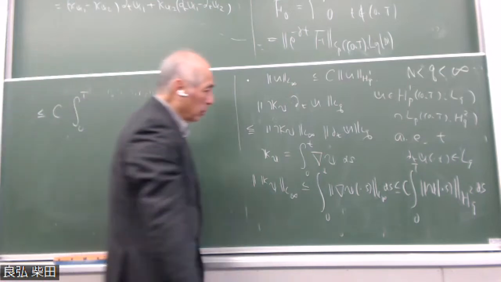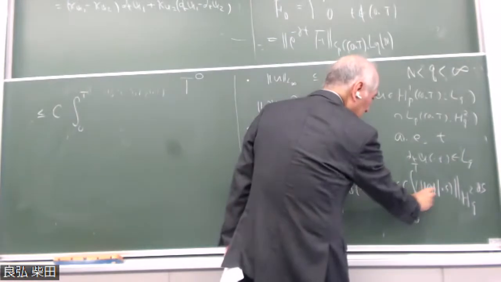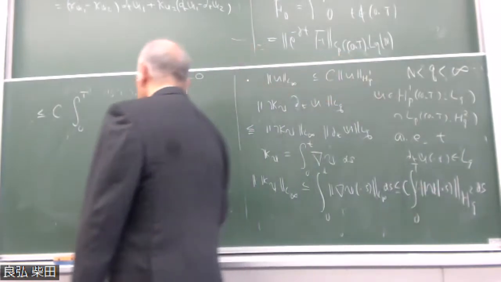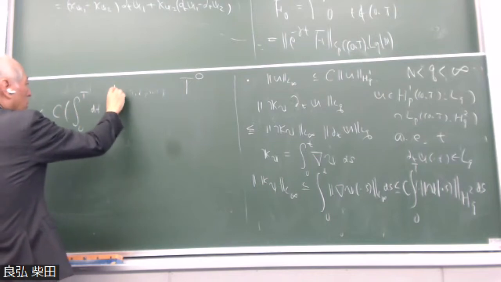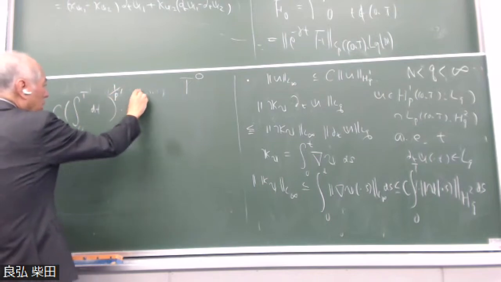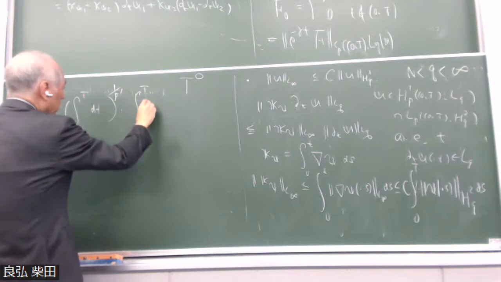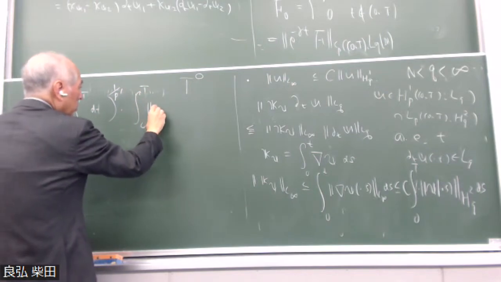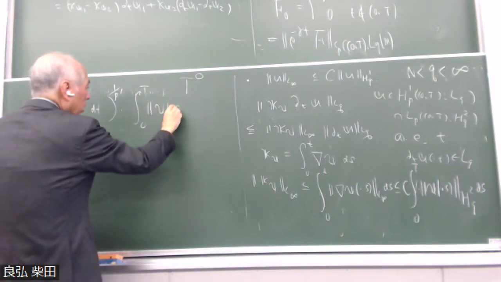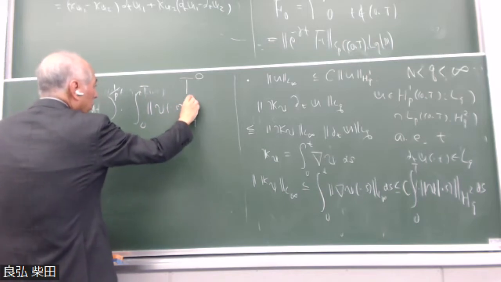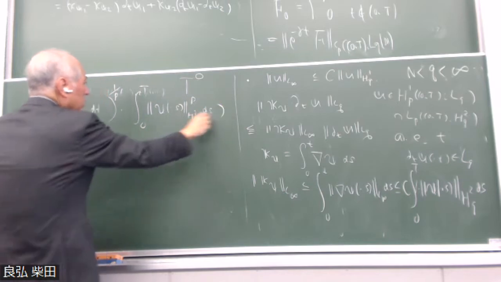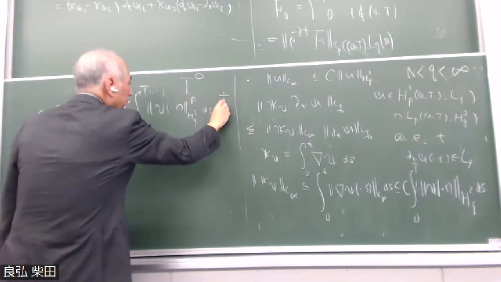So Hölder inequality here, 1 times this, then d dt, 1 over p prime under 0t, second derivative of s H2Q, p and p.